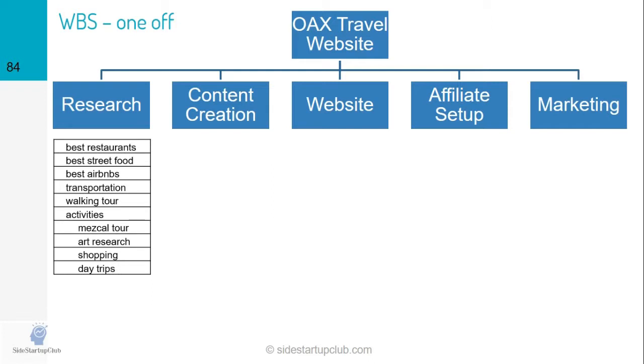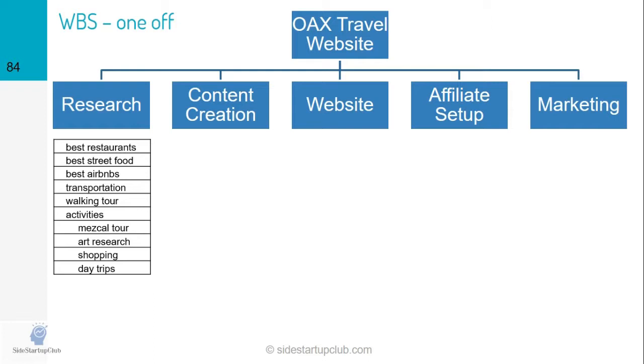Starting with research, I need to do a lot of research, and some of this research is going to happen naturally. Some of it I'm going to have to go out of my way to get, but we need to know which restaurants we're going to put on our site, which street food, which Airbnbs, the transportation details, the walking tour details, and all the activity details, and those activities break out into those 4 things there.